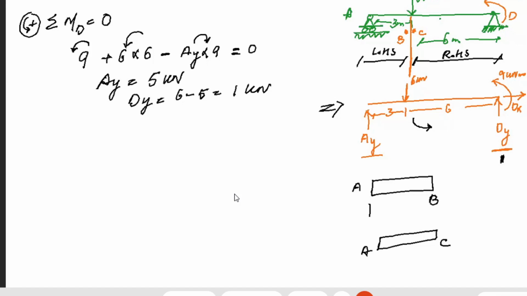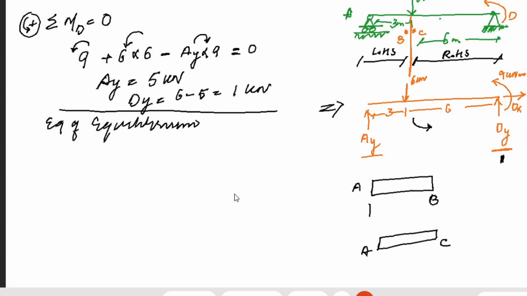Then in that case, firstly, checking on the basis of equation of equilibrium, for segment AB, summation of forces in X is 0. Okay, summation of forces in X is 0 because here, what are the reactions that we have? We have vertical reaction here, which is how much? It is AY, 5 kilonewton.